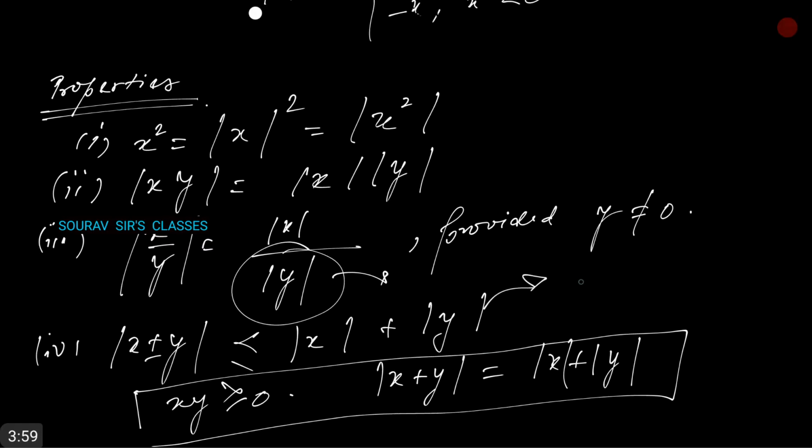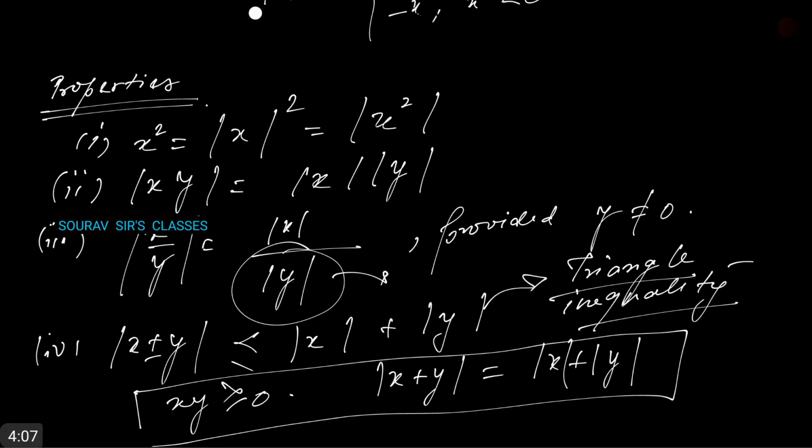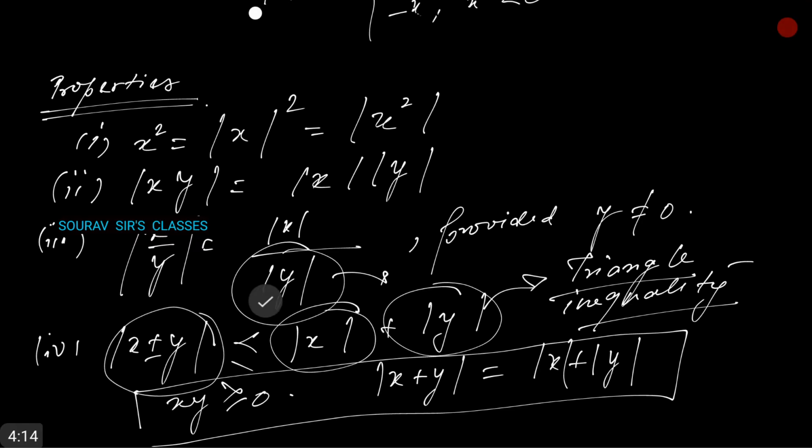This is known as the triangle inequality, which states that the sum of any two sides is greater than the third side. Alright, so how do we get to this?